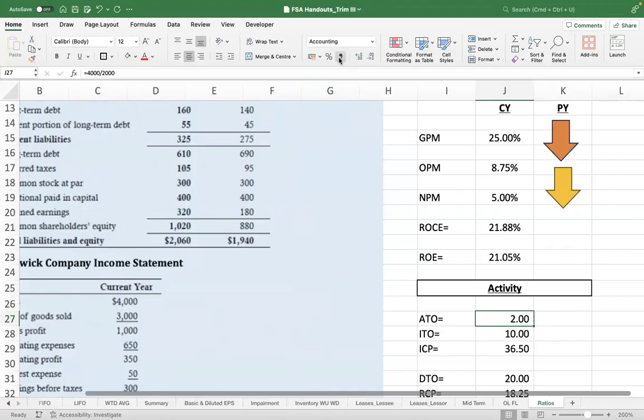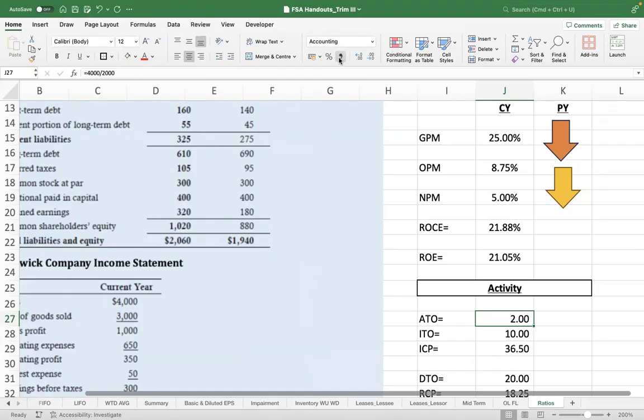अगर आपका एनपीएम कम है लेकिन एटीओ ज्यादा है तो आपका आरओए ज्यादा हो जाएगा. Remember, ROA, return on assets, is NPM into ATO. NPM is what? Net profit by sales. ATO is what? Sales by assets. तो दोनों को मल्टीप्लाई करोगे तो net profit by assets आएगा, which is ROA.